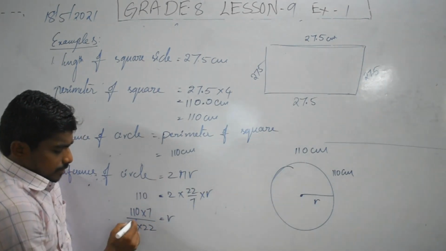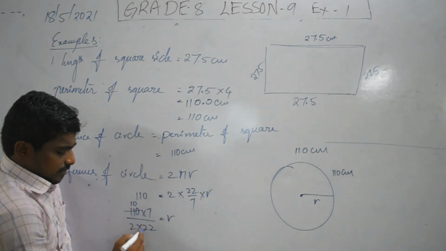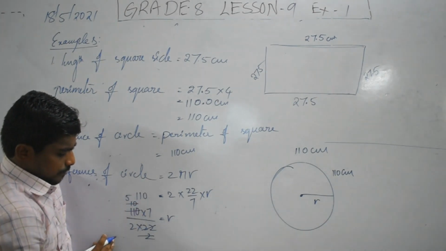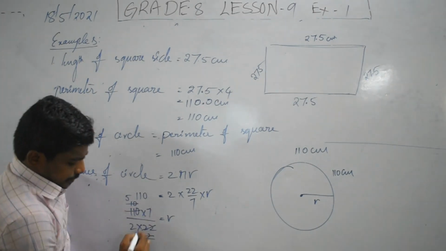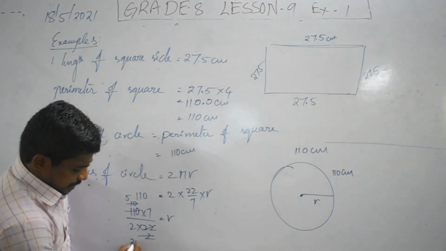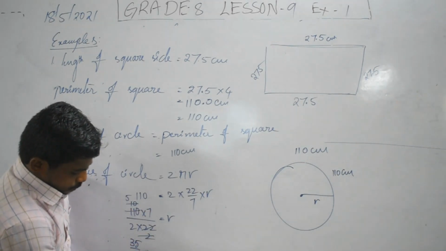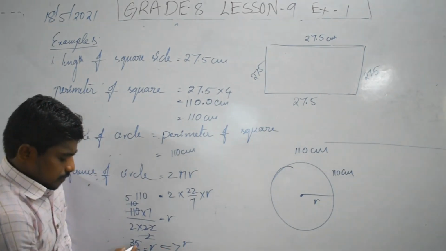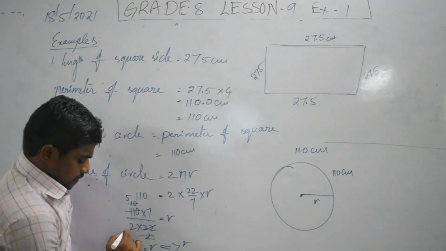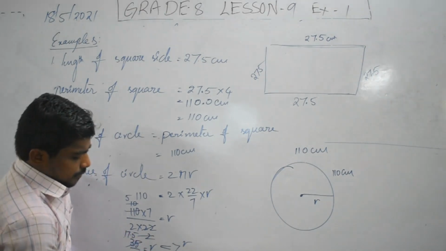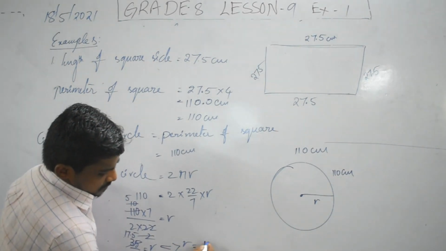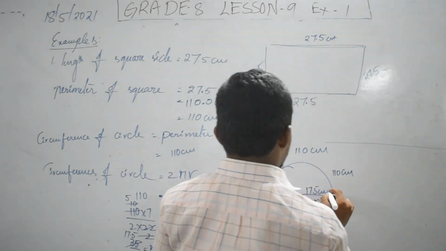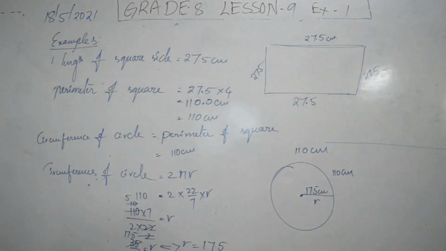Here see, 11 10s are 11, 2s are 2, 1s are 2, 5s are... 7 5s are 35 by 2 equal to R. So R equal to 35 half, how much? 17.5. So R equal to 17.5, radius 17.5 centimeters. The picture radius, right?